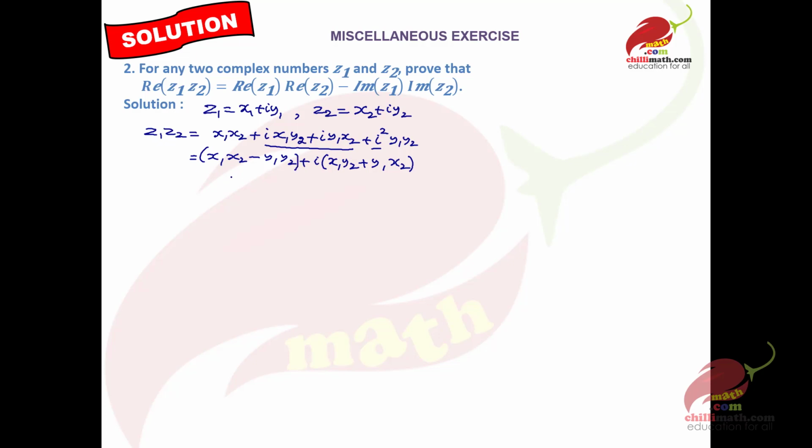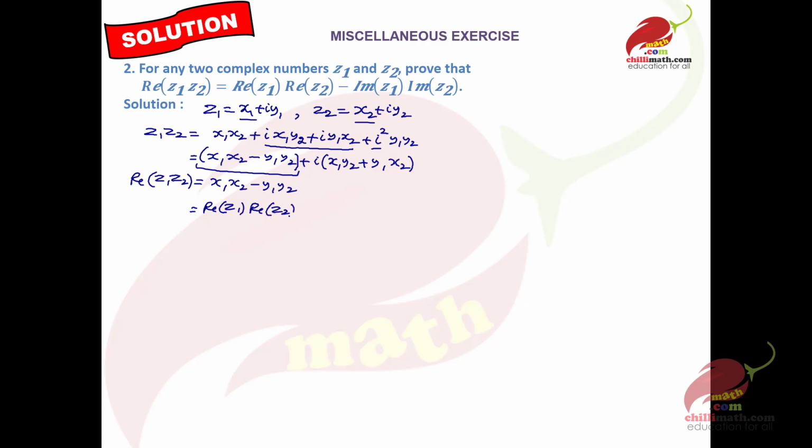So you can see z1 z2 is equal to x1 x2 minus y1 y2 plus i into (x1 y2 plus y1 x2), out of which the real part of z1 z2 is x1 x2 minus y1 y2, this part which is without i. And this we can write as: x1 is the real part of z1, so to this x1 we can write real part of z1, and x2 is the real part of z2.